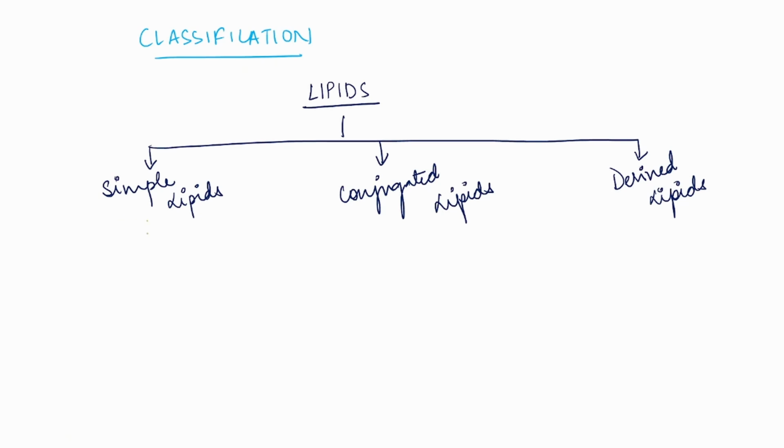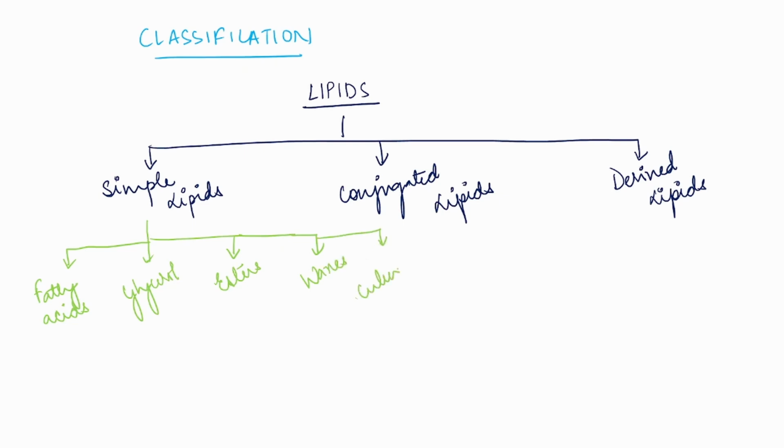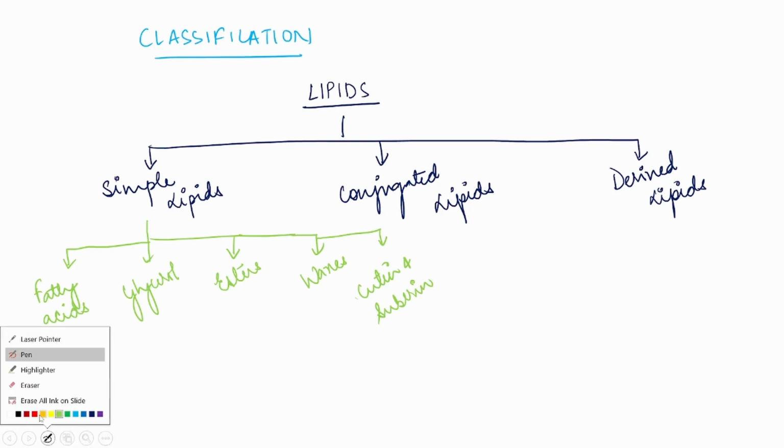Simple lipids are made up of fatty acids, glycerol, esters, waxes, and cutin and suberin, right?